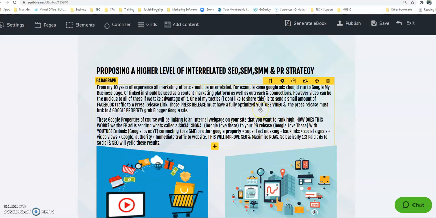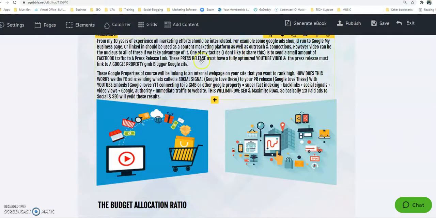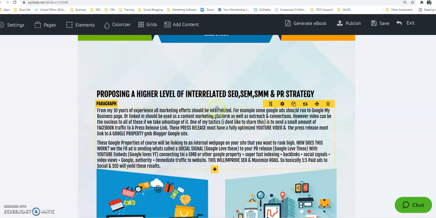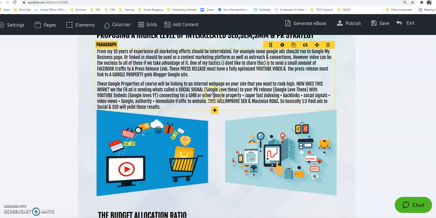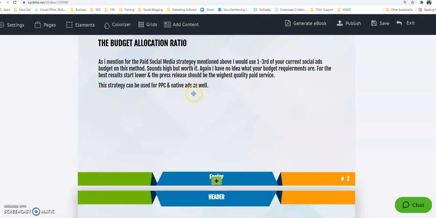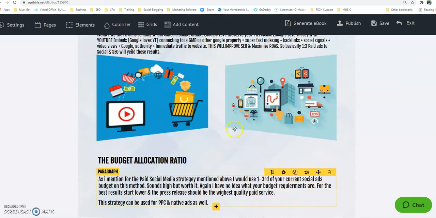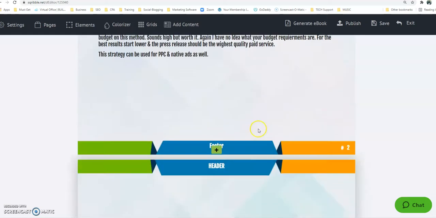It should also enhance my social media and PR related content marketing strategies as well. I left one of my methods here. I don't like to share this type of information, but it's a good read. And your allocation ratio, I have no idea what your budget is, but I know a third of what you're currently spending now, I would experiment with some of these methods that I mentioned up here.